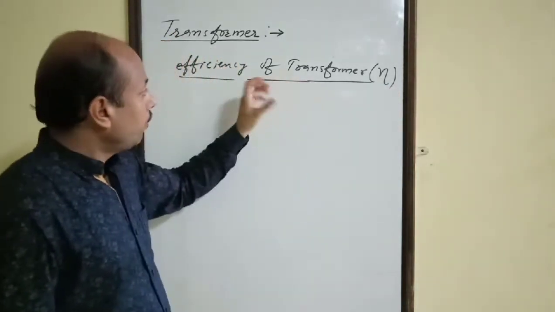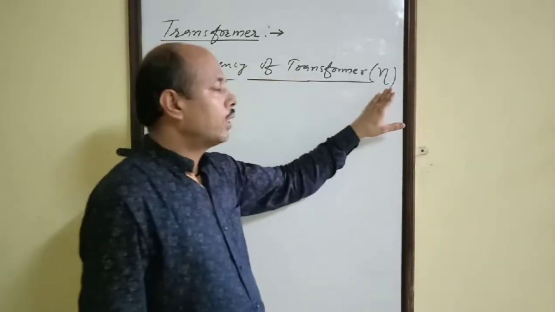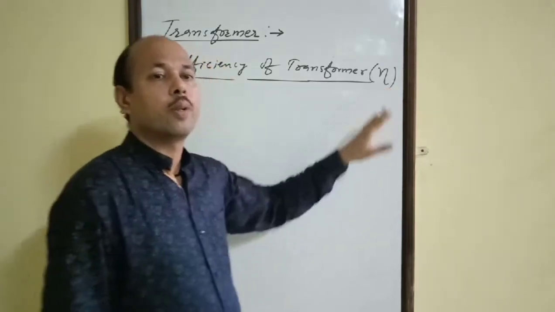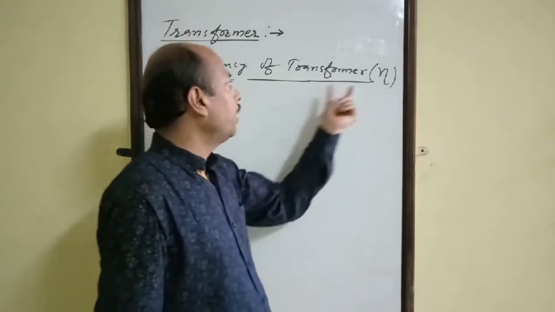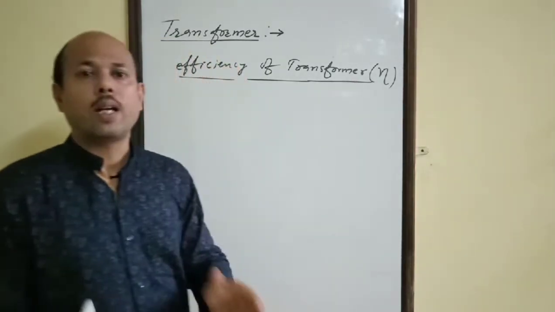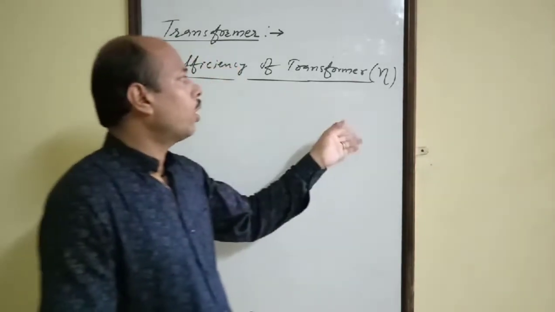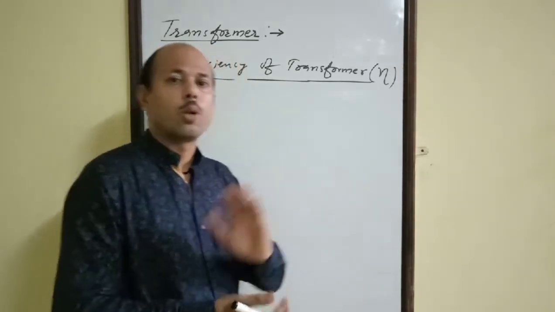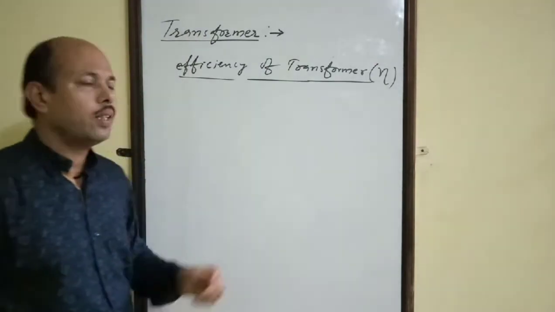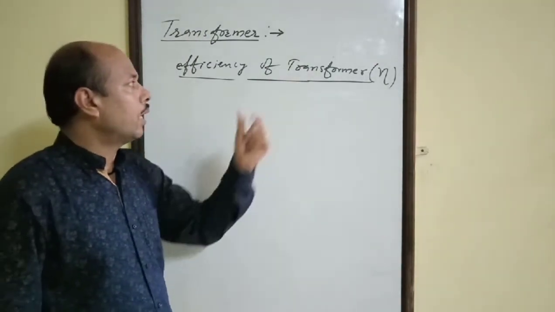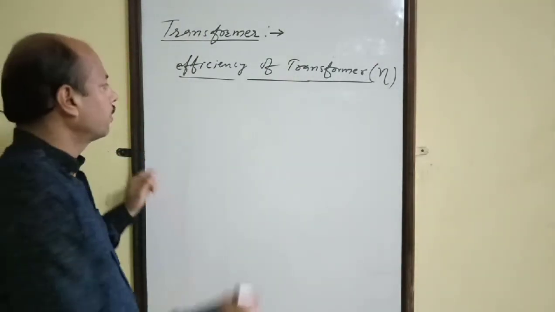But if there is a numerical related to eta, then by observing the values in the numerical, you can easily identify whether it is related to the efficiency of a transformer, coefficient of viscosity, or modulus of rigidity.